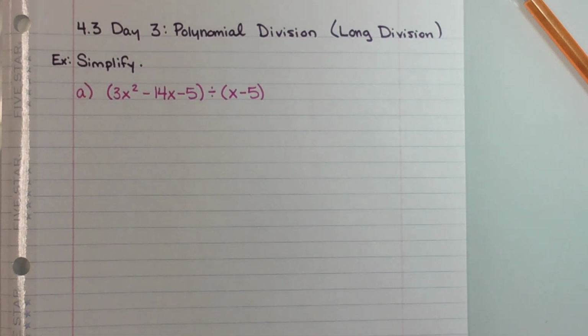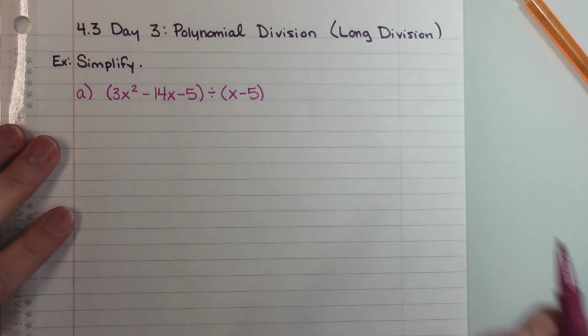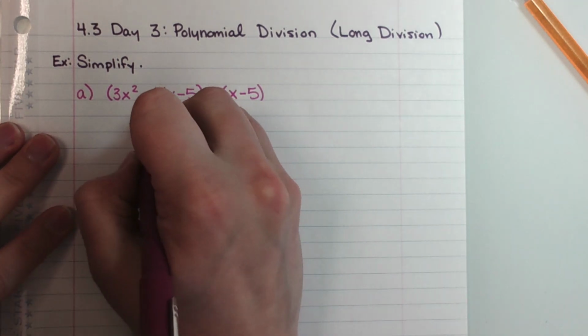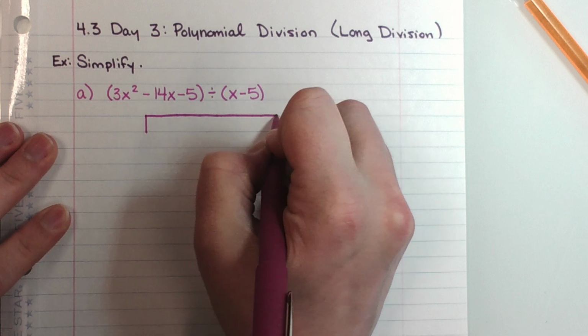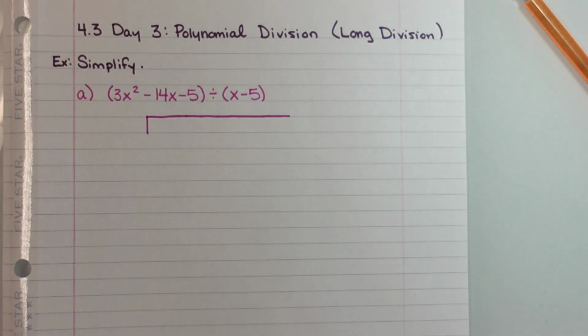So, let's say I want to divide 3x squared minus 14x minus 5 by x minus 5. So, polynomial long division is just long division. So I got my big half box looking thing.